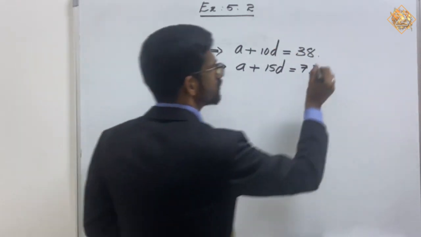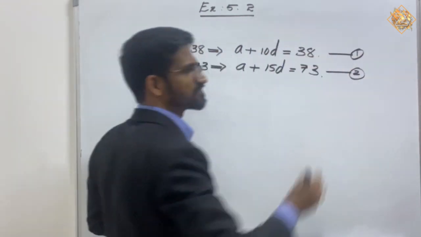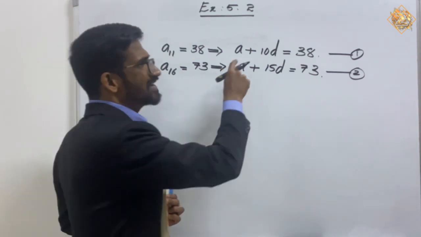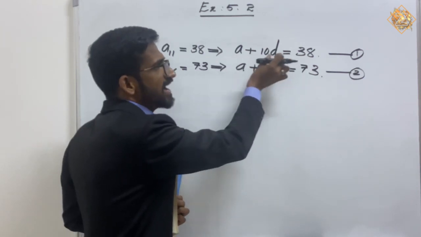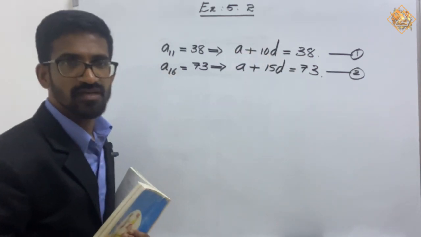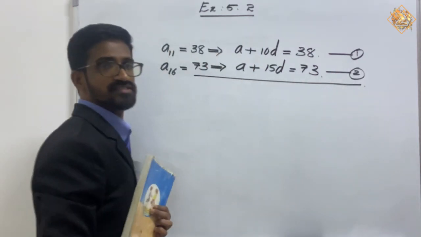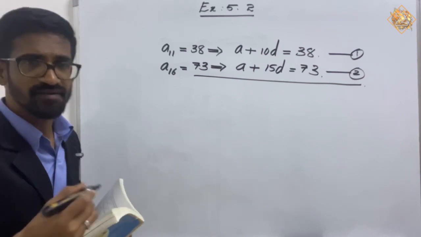Okay. Now we have two equations, equation 1 and equation 2. We have a pair of linear equations in two variables. Here the two variables are A and D. We have learned how to solve a pair of equations in two variables in chapter 3, where different methods are there.